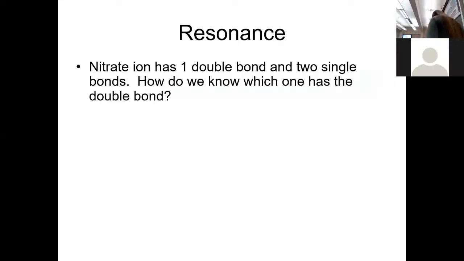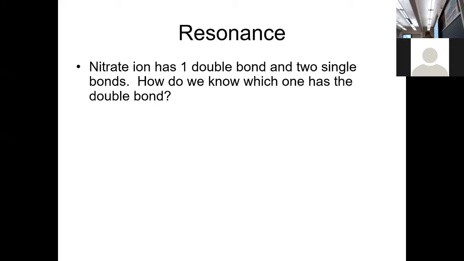All right, this is a little bit out of order from your book. We haven't hit the exceptions to the octet rule, but I like to hit resonance first because it fits in with the things that don't obey the octet rule. So let's look at an example of resonance, and then you'll be able to understand the definition a little bit better.